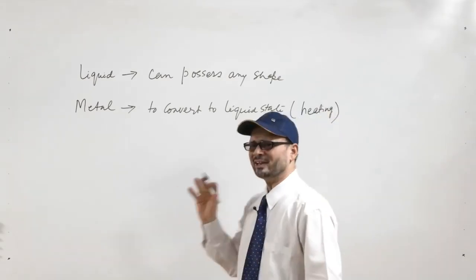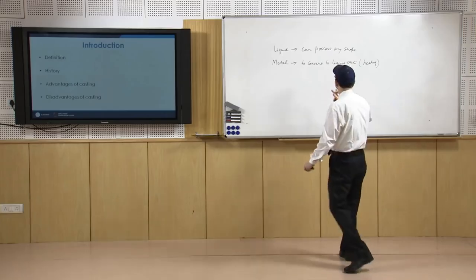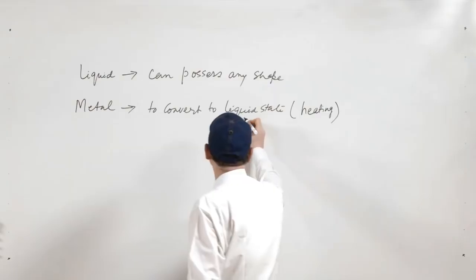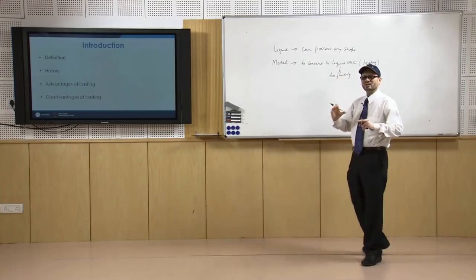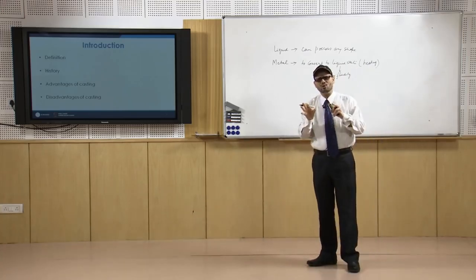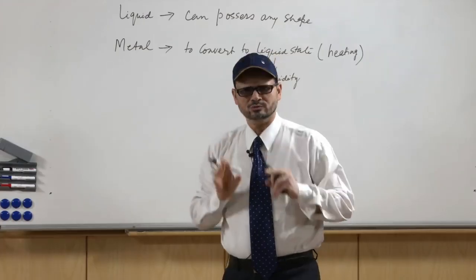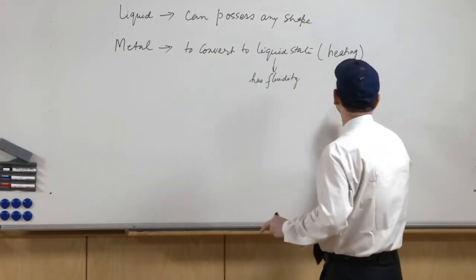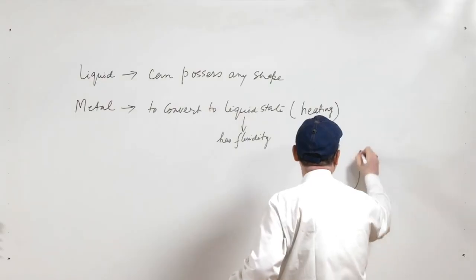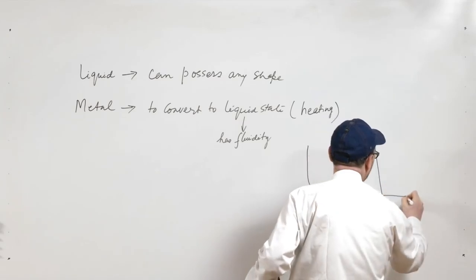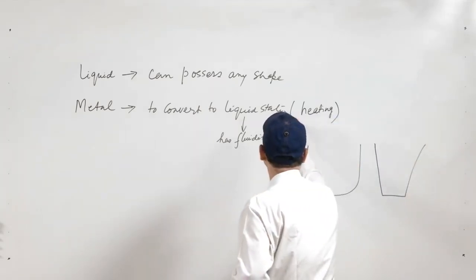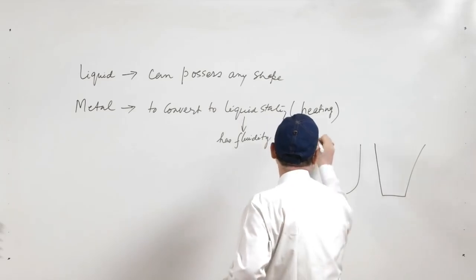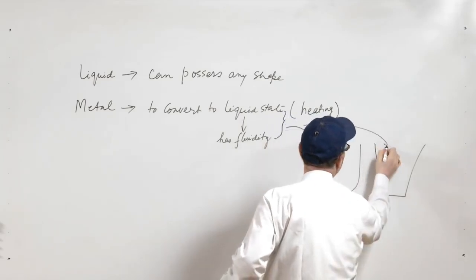Once you heat the metal it converts to liquid state. This liquid state has fluidity. Now, it has the characteristic to flow in any contour. So, then you can pour it in any shape.